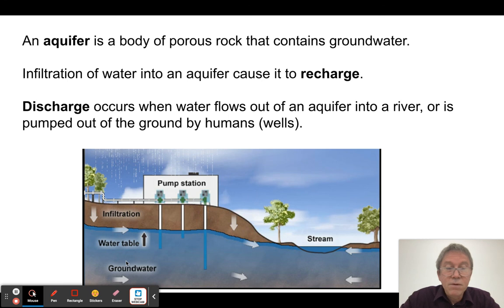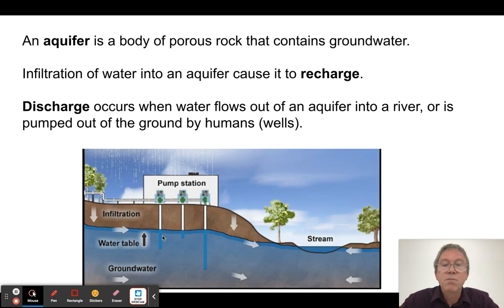Okay, so an aquifer is in motion. And so, it's a finite thing. So if it just kept flowing out, it'd run out. Well, what happens is infiltration recharges the aquifer, and the flow of groundwater tends to discharge it. And where does it discharge to? Well, it tends to discharge into streams, lakes, the ocean, or through human action by pumping. We like to pump water out and put it in your house or put it on our crops.